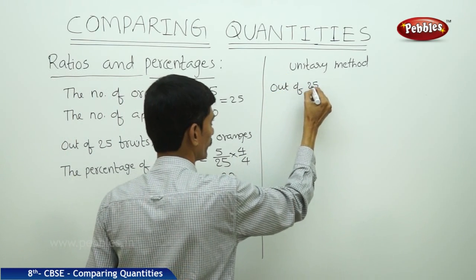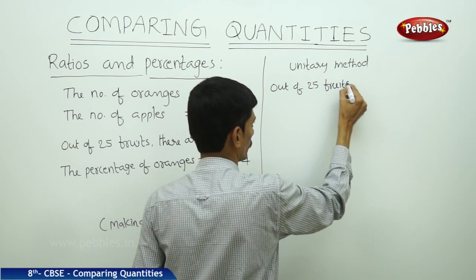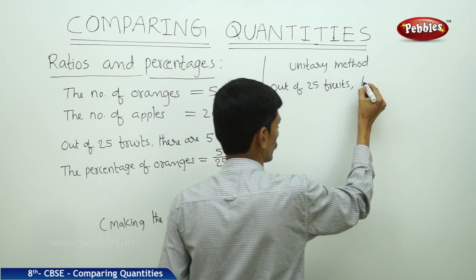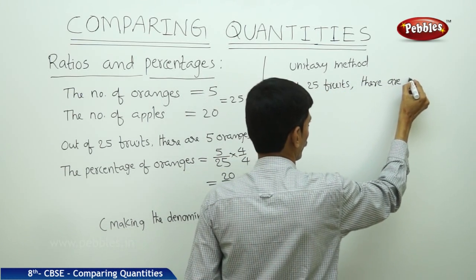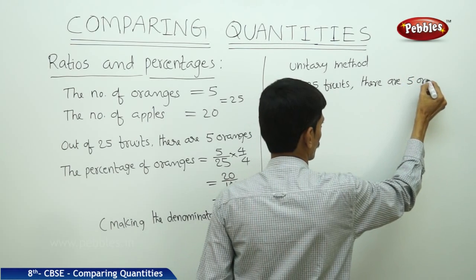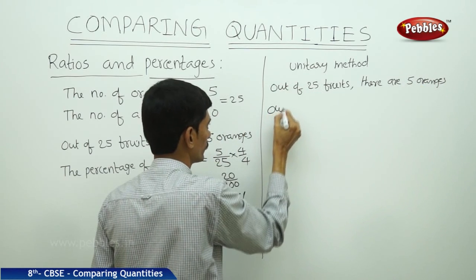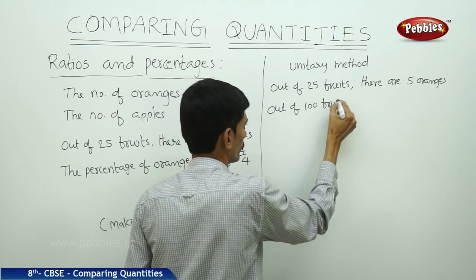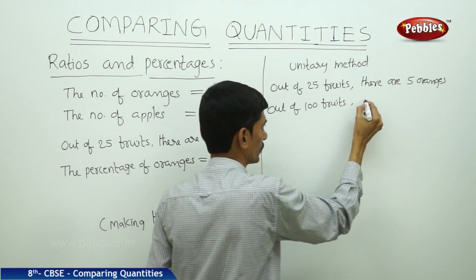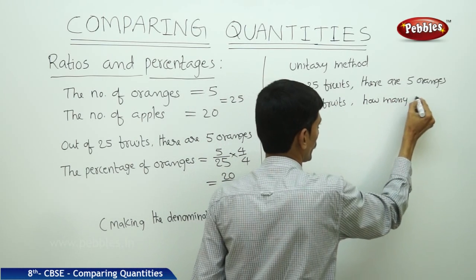Out of 25 fruits, there are 5 oranges. So out of 100 fruits, how many oranges?